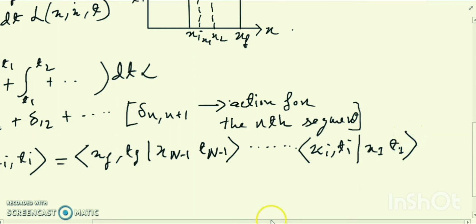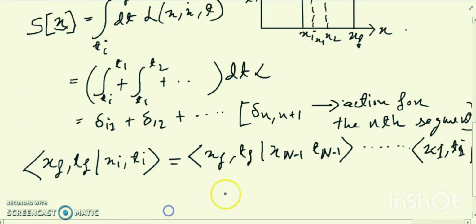Okay, so you can write this way, x1, t1 and xi, ti. Okay, so this way we can write.